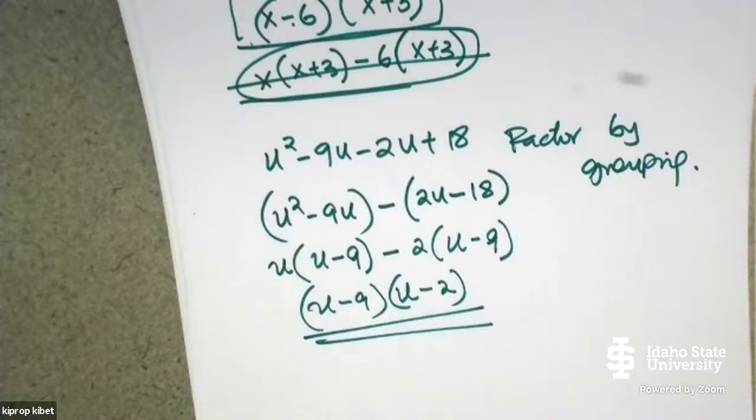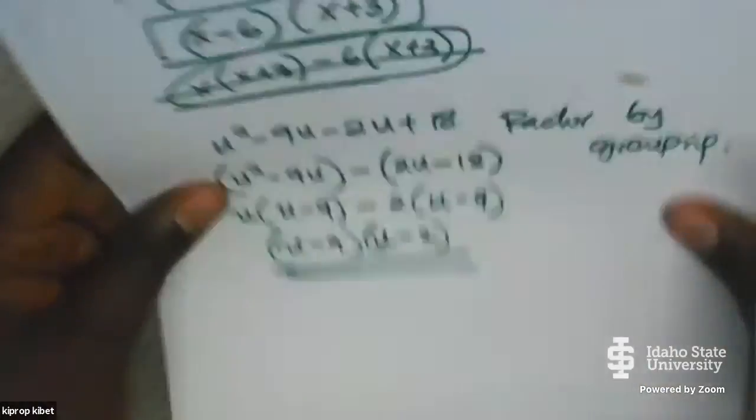So to get the values of u, it will now be u minus 9 equals 0, or u minus 2 equals 0. So the values of u there will be u equals 9 or u equals 2. We will come to that in the next section. Okay.